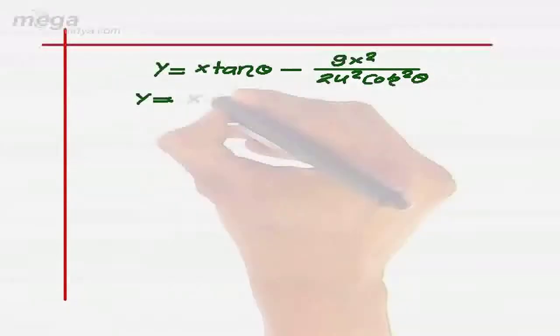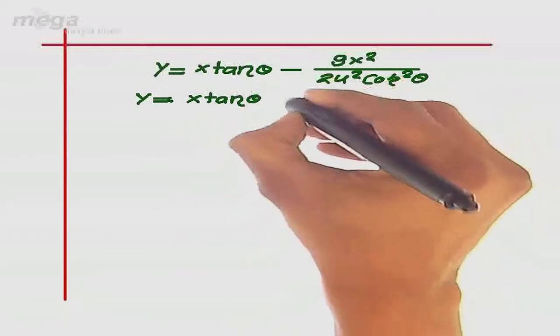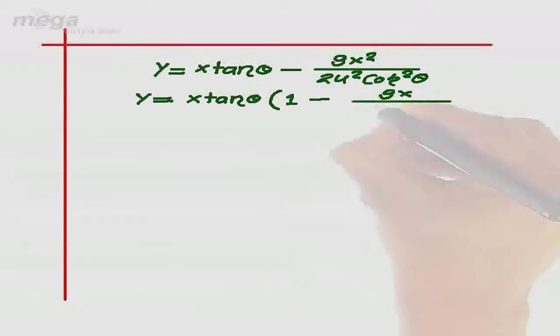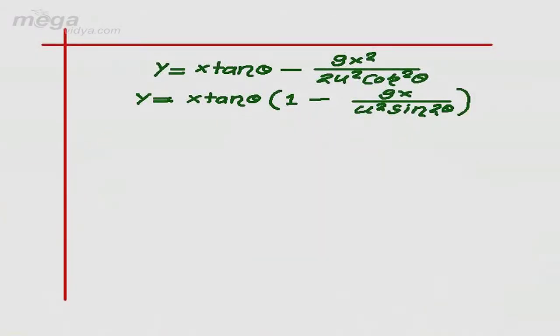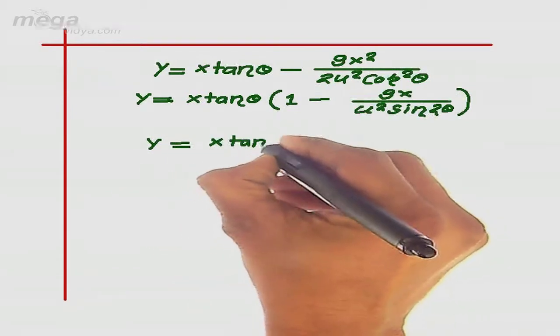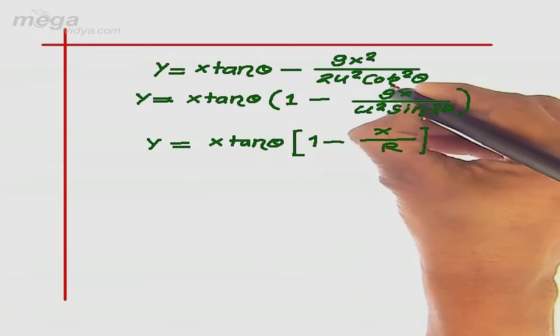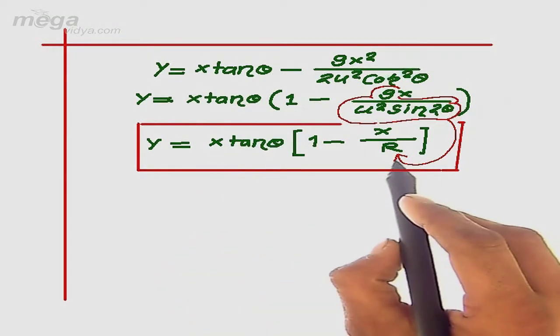If we take x tan theta common from these two terms, we get 1 minus gx upon u square sin theta cos theta times 2, that is u square sin 2 theta, which can be further written as y equal to x tan theta times 1 minus x upon r, where r is the horizontal range. So this is the final form of the equation of trajectory in terms of the angle of projection, x position and horizontal range of the projectile.